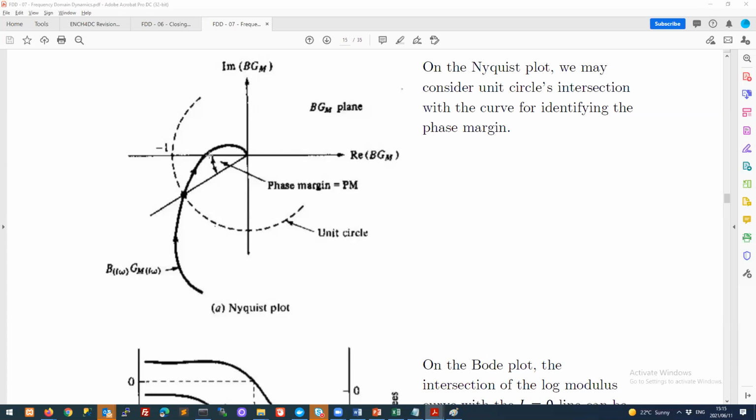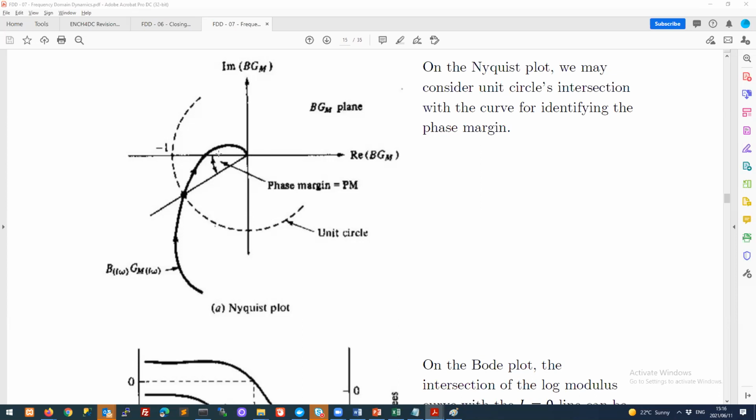So would you agree this is a good measure of how close you come to being like -1, right? And I say like -1 because it's not exactly -1, it's shifted by some angle, but it's the angle that gets your process the closest to having a magnitude of 1, right? You agree with that? This angle shown here is a measure of the angular distance between your process and being -1.